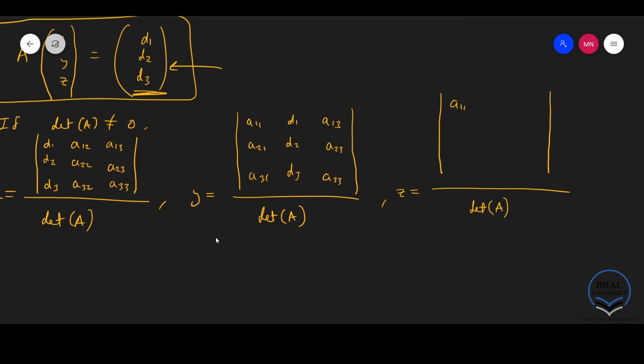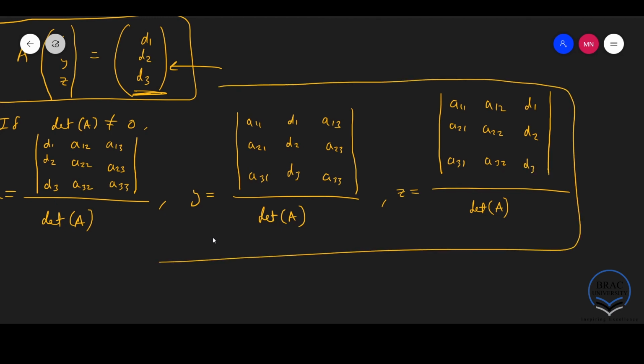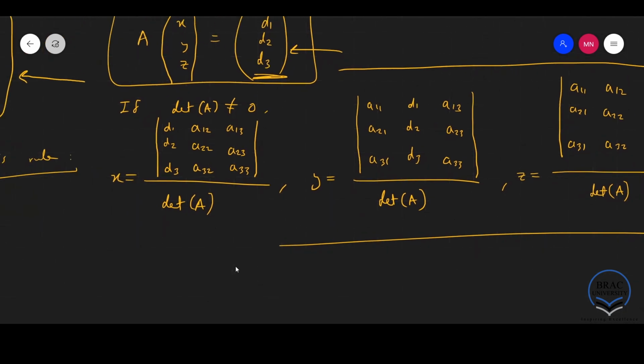So we have a11, a21, a31. The second column remains the same. We have a12, a22, a32, and in the third column we have d1, d2, d3. Right? So using this, we can find a unique solution for this system of linear equations in three variables.